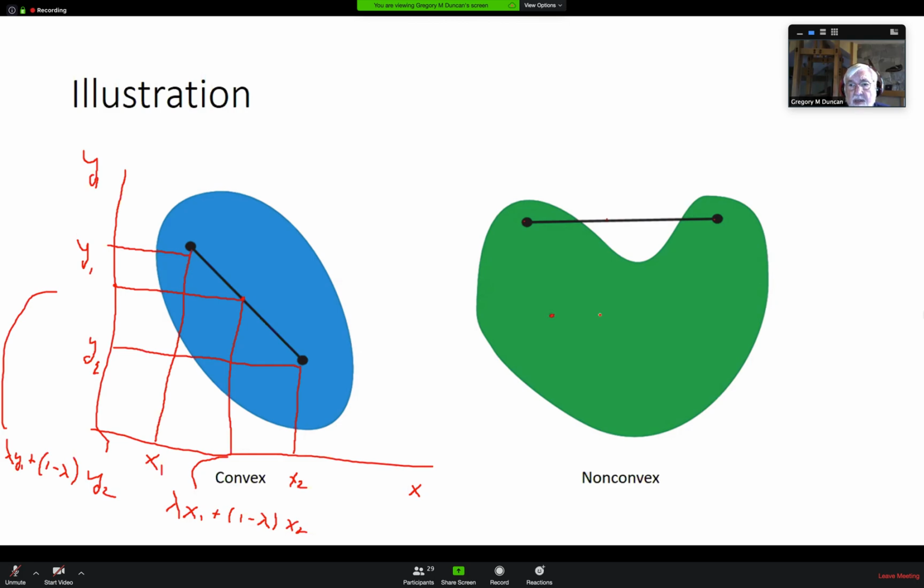So here's a point, here's a point, there's a line. For that line and those points, it works. And in fact, it works for a whole bunch of points, but when I come up here, it doesn't because of this indentation. And so that makes the set non-convex. Did that answer the question about convex sets? Okay.